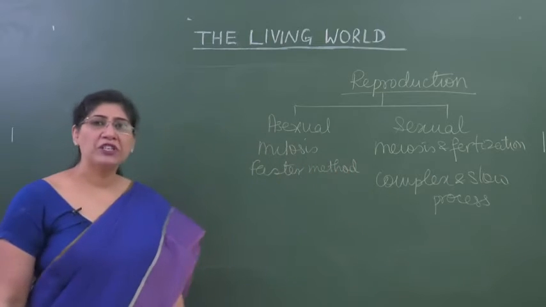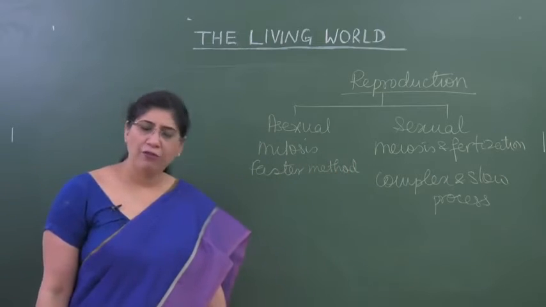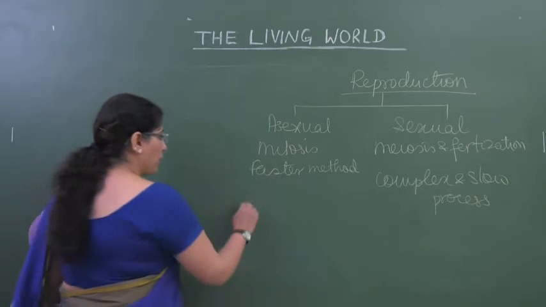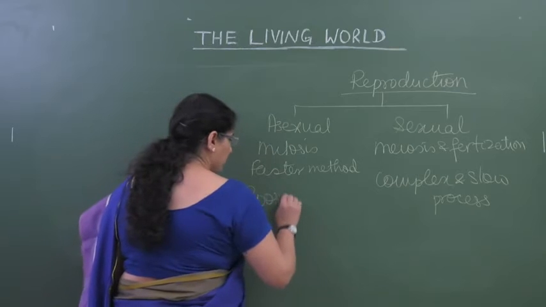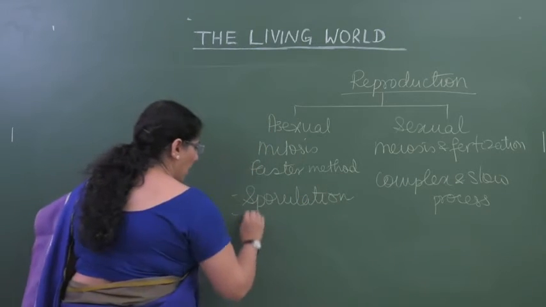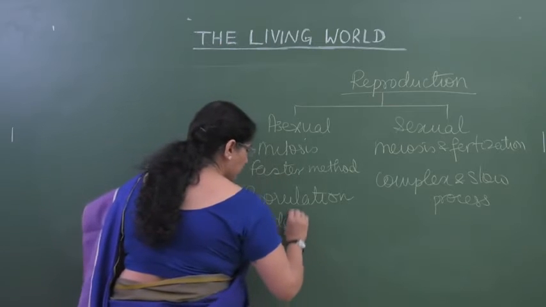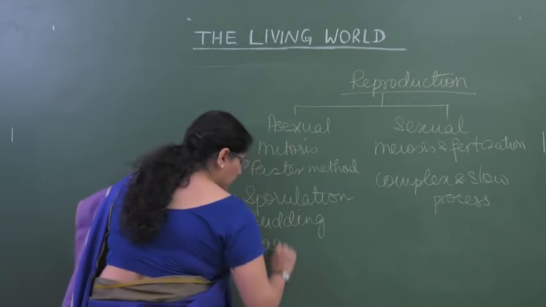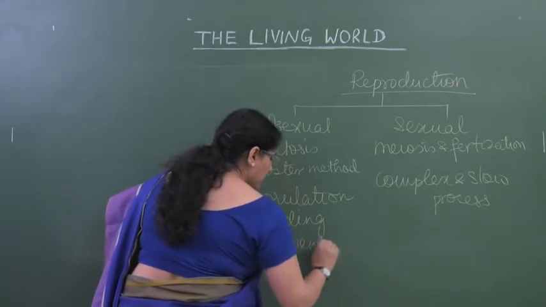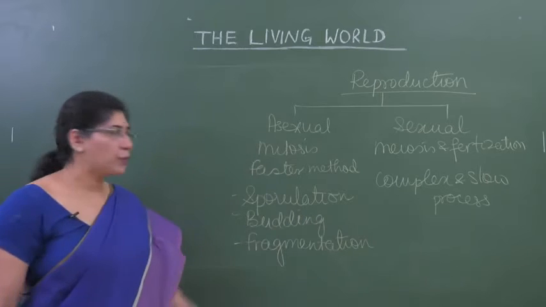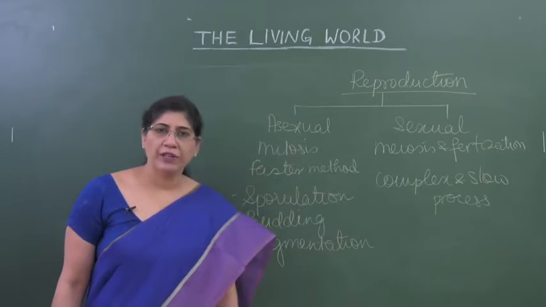So I am just mentioning some of the asexual methods. Of course, we will do these methods in detail in later chapters. Sporulation, which occurs in algae and fungi, budding, fragmentation, these are methods of asexual reproduction.